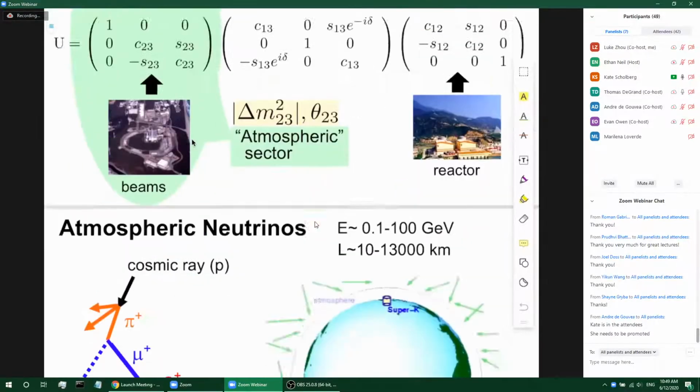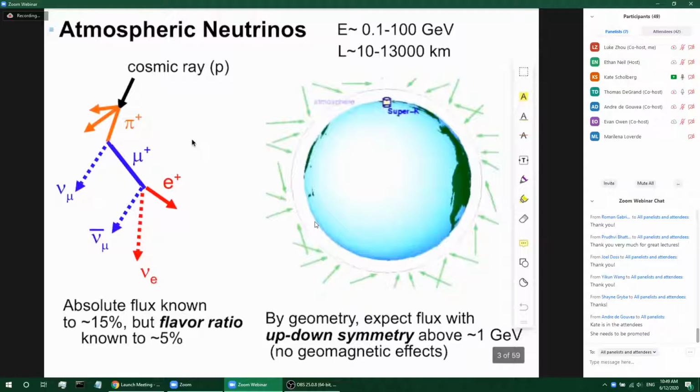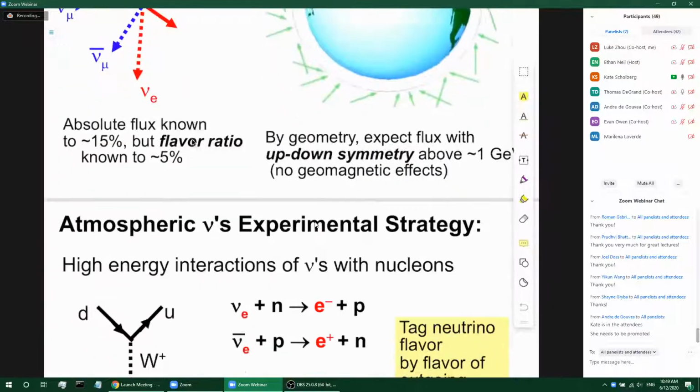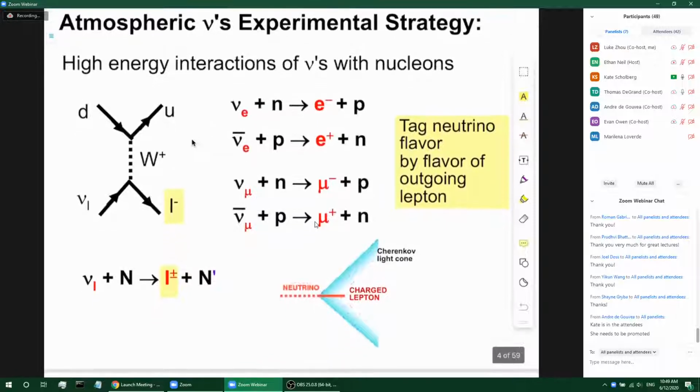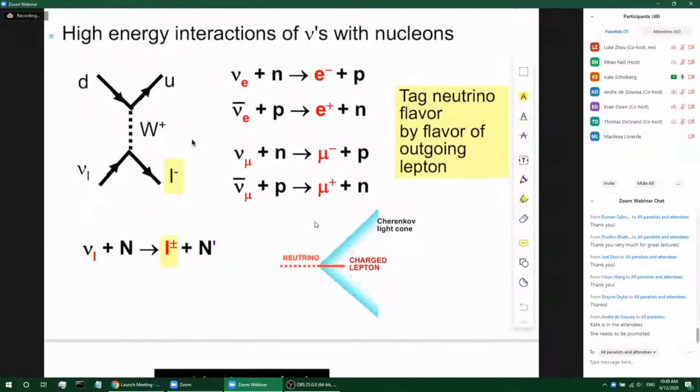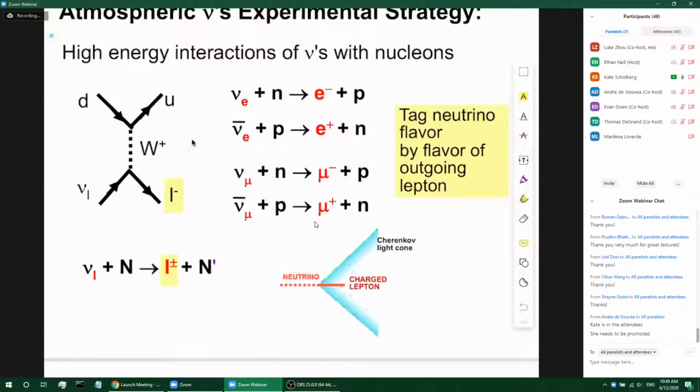So we were in the middle of talking about atmospheric neutrinos, which are GeV scale neutrinos, where you expect well-known flavor and up-down symmetry. And the strategy is to tag the flavor of the neutrino by the flavor of the outgoing lepton, and you know the energy in a detector like Super K from the amount of light that is produced.